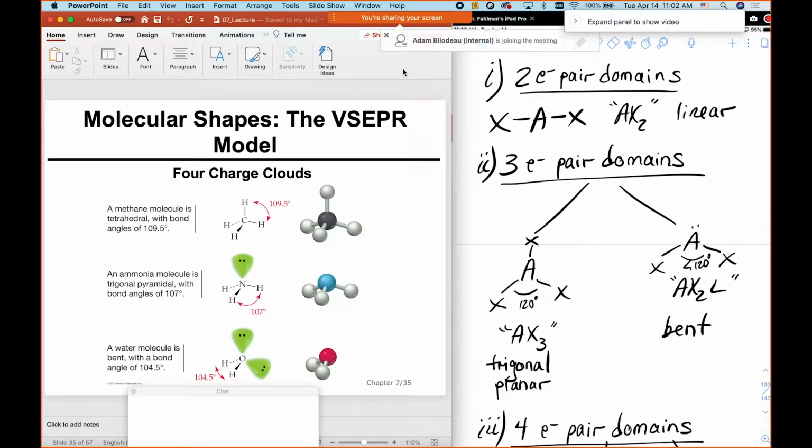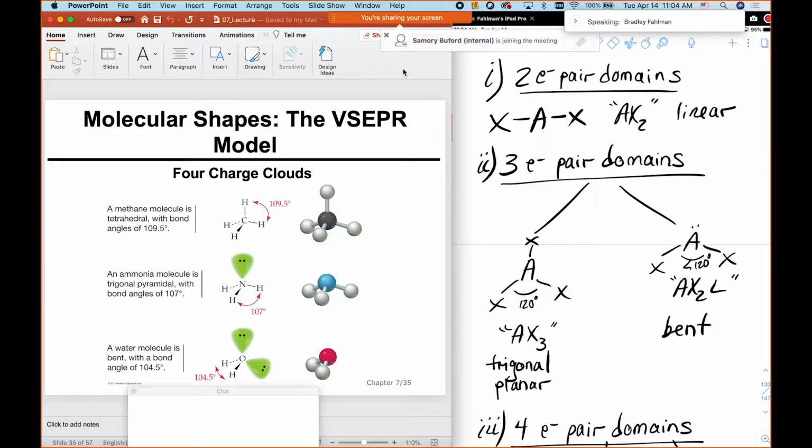Again, these are really fundamental, important topics in chemistry, because these shapes of molecules are what we pick up on in Chem 132, where we start to talk about how individual molecules attract one another, and so intermolecular forces.